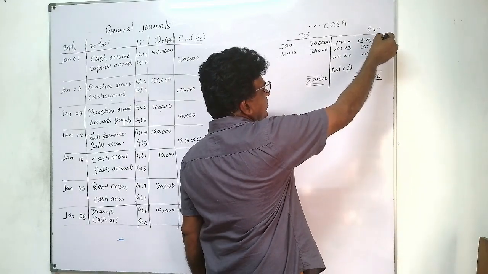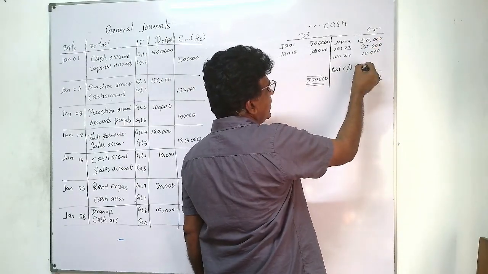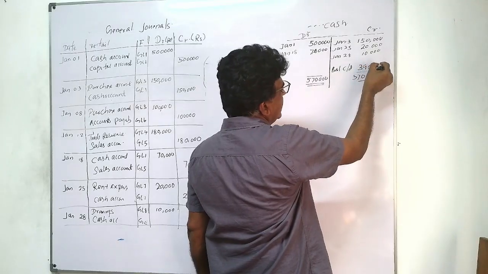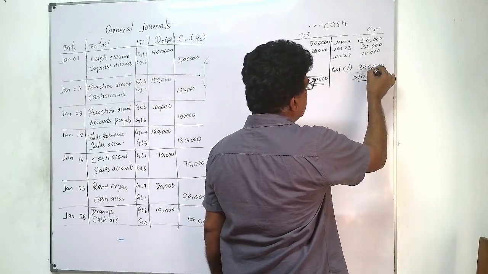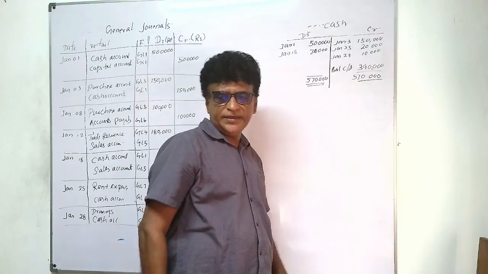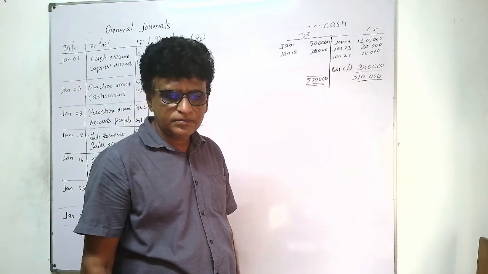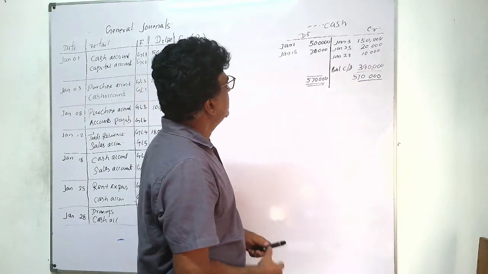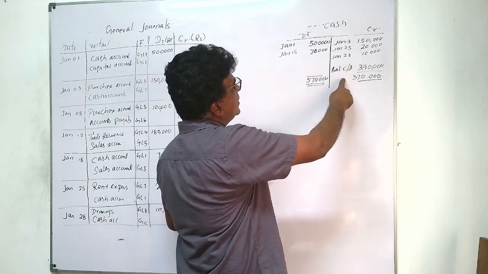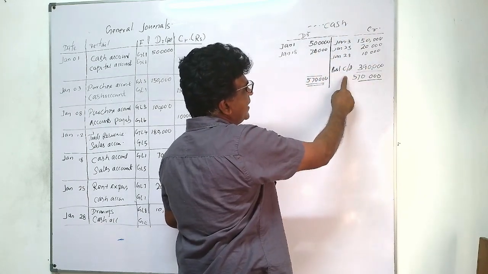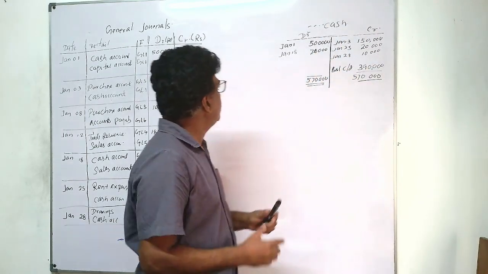The sum of this, deduct from this, then you can get 390,000. Then this is the balance of the cash account. In cash account, there is a debit balance of 390,000. That is the meaning of it.